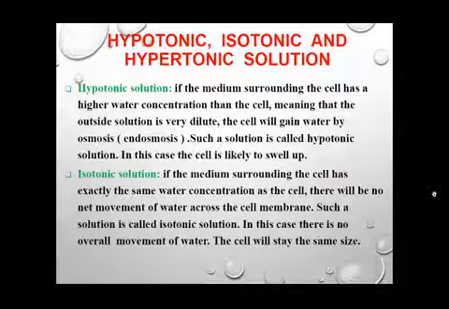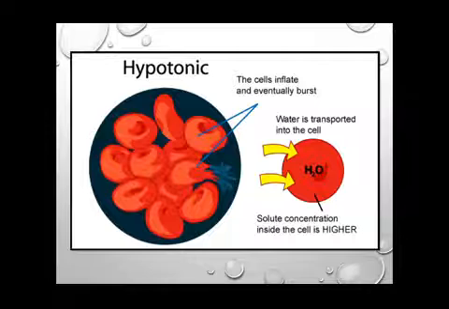So let us understand it with the help of a figure. So here is the figure. This is the cell which is having high solute concentration inside it, and as compared to it, water concentration is higher on the outer side of the cell. So what happens? Water starts transporting into the cell, as the water molecules follow the rule of osmosis and start moving from higher concentration towards lower concentration.